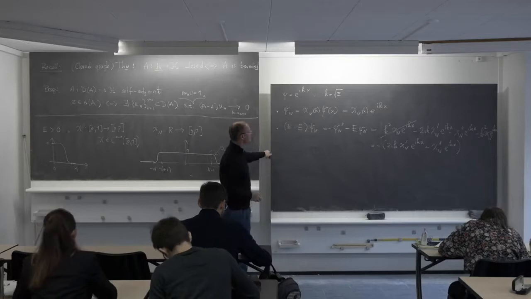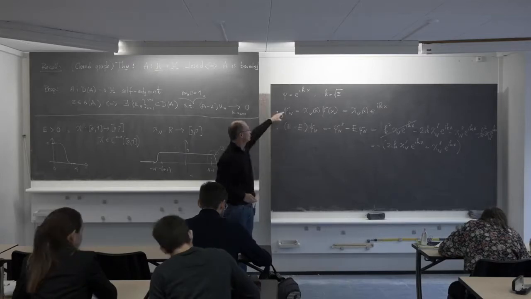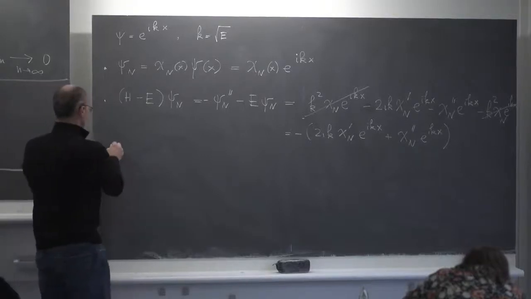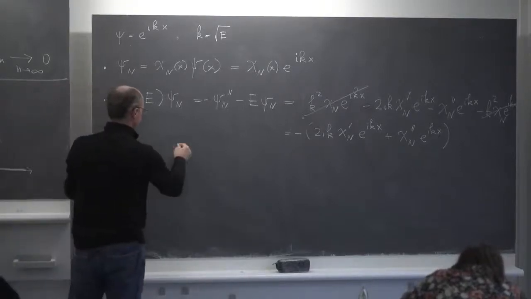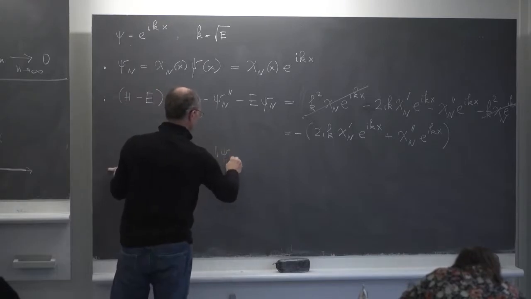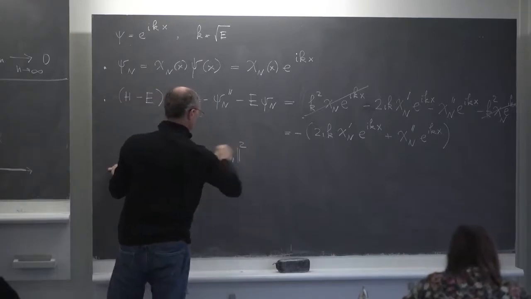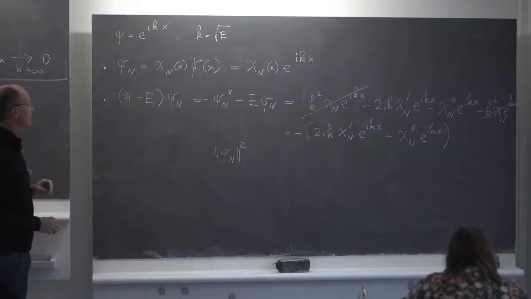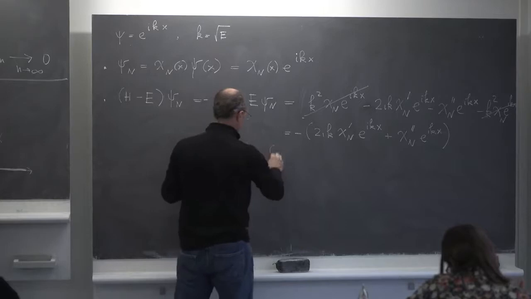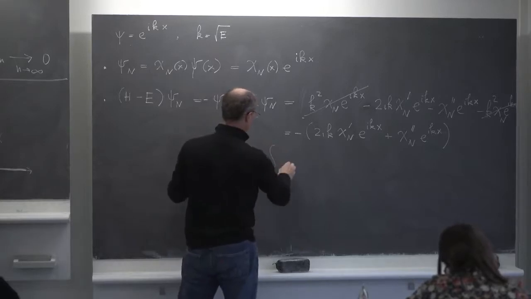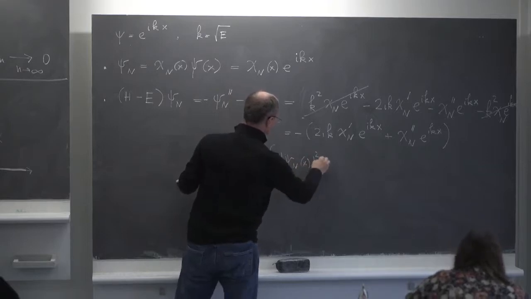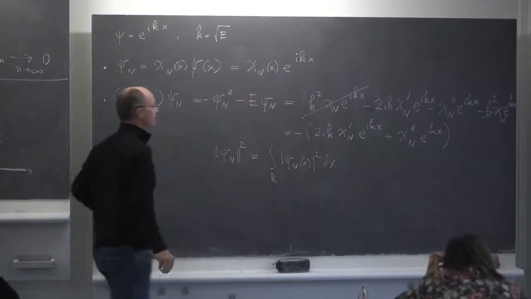So now let's make some estimates on L2 norms of these two things. The L2 norm squared of psi n is equal to the integral over R of psi n of x squared dx.